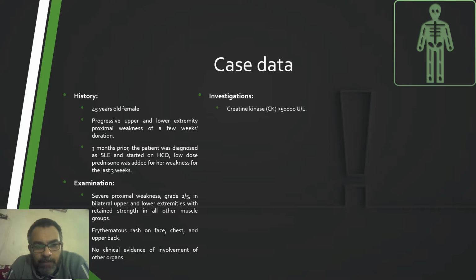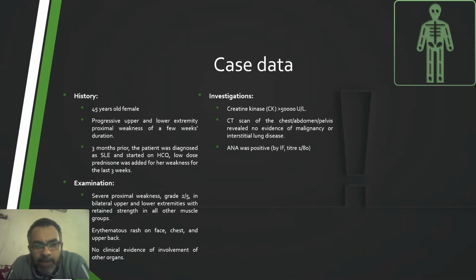Investigations showed creatine kinase over 50,000 units per liter. So creatine kinase is shooting 50,000 units per liter. CT scan of the chest, abdomen, pelvis revealed no evidence of malignancy or interstitial lung disease.